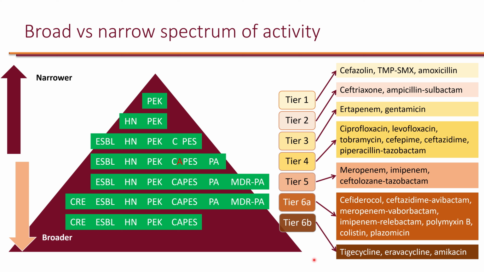So we really want to reserve these for when we don't have other agents available, because when we get infections due to CRE, we really have limited options. And by the time we get to CRE, it's really easy for these organisms to be resistant to multiple classes of antibiotics.